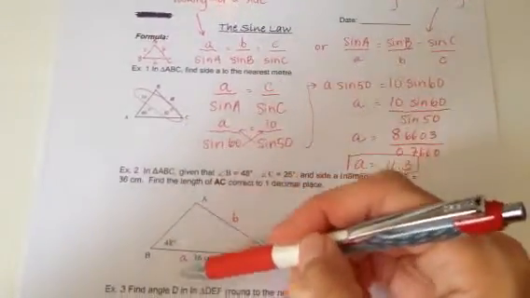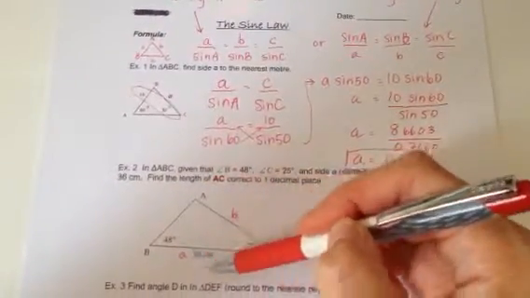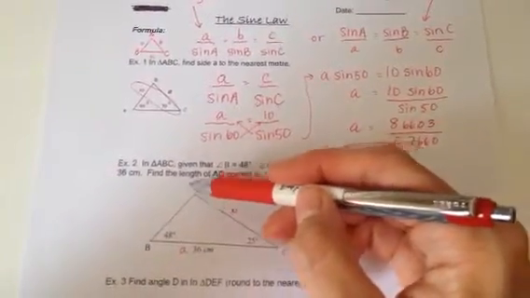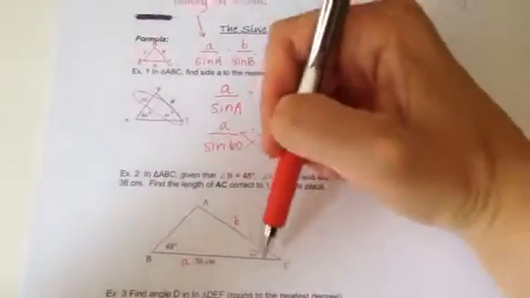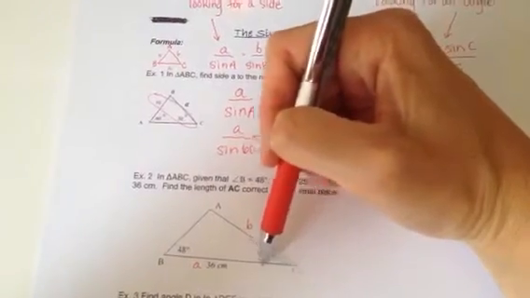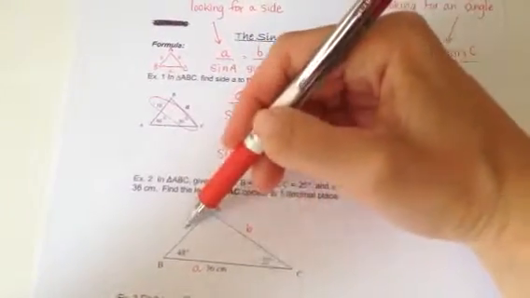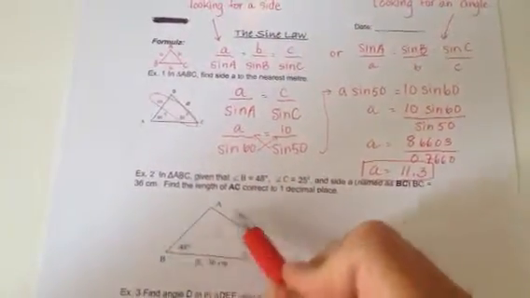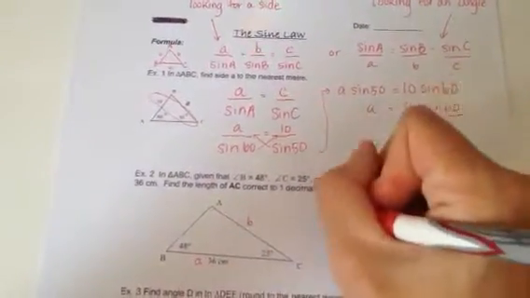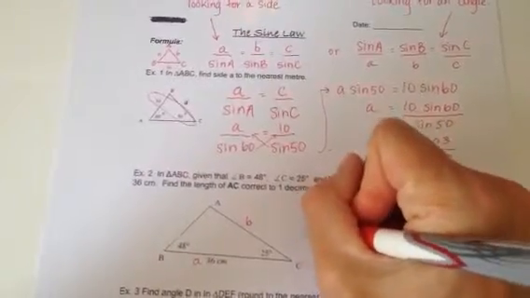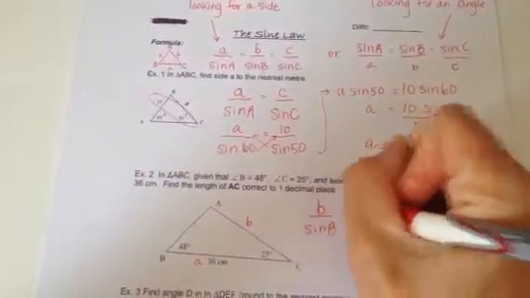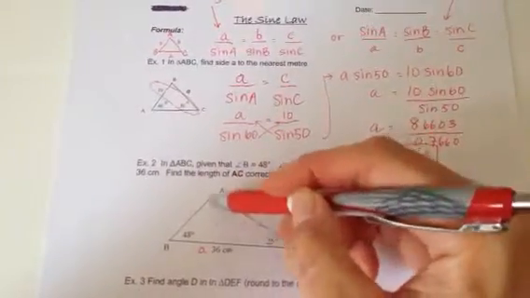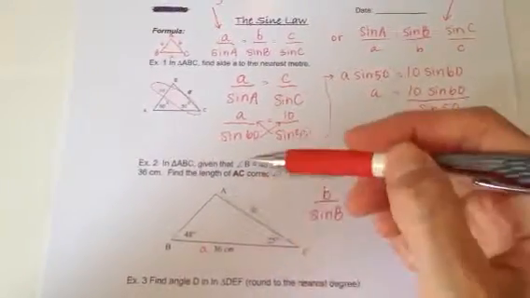And complete ratios you can see by circling the angle and the side. If you see here, we have the 25 degrees. We do not have side C. We're looking for side B, so we're going to be using the B value here, B over sine B. Now the only other one we have here, we have side A, but we don't have angle A. We need to find it.